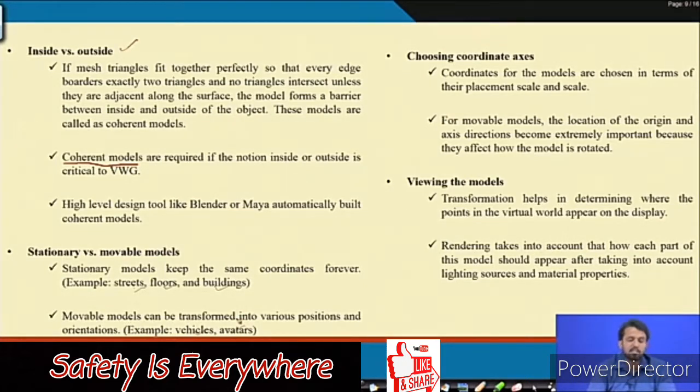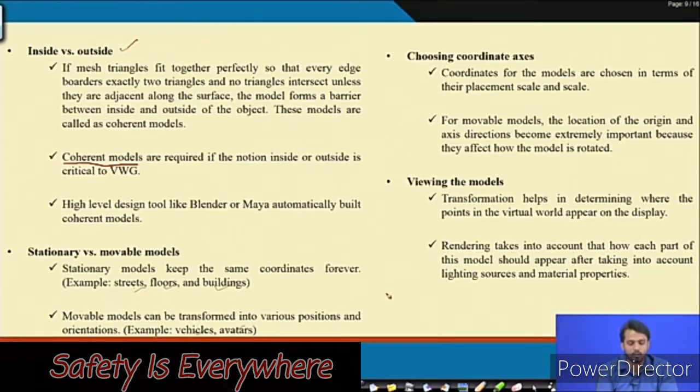So stationary and movable models can be achieved with the help of three kinds of treatments. First is tracking devices. If you are using tracking devices, they can track the movement of your different 3D models. Similarly, if you are giving user input, that means using controller devices to move a particular 3D model, then movability can be achieved also.